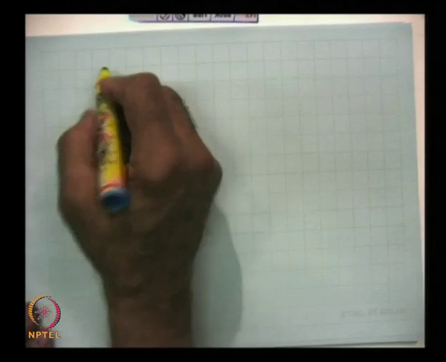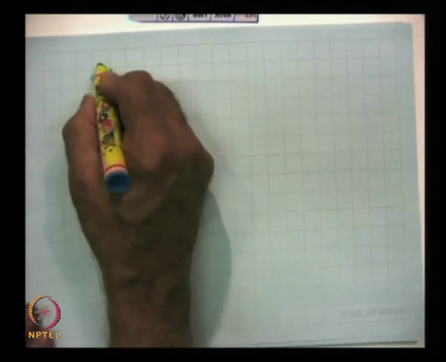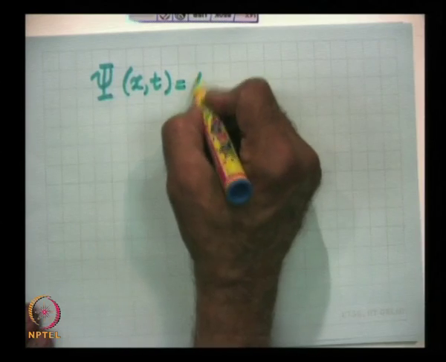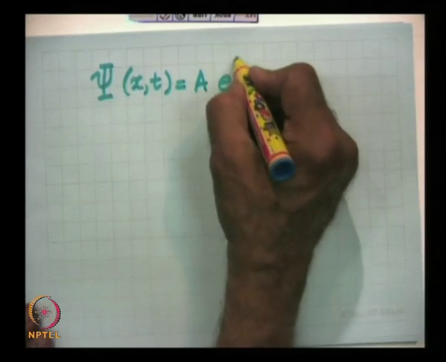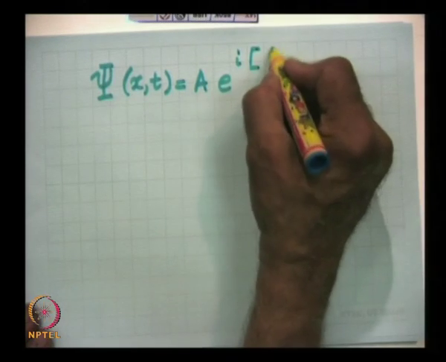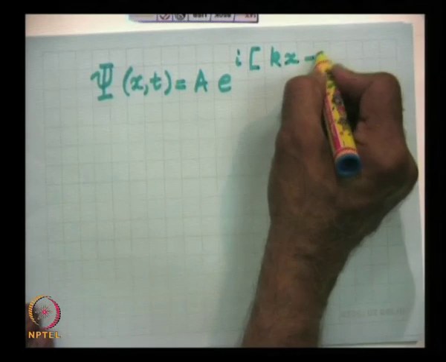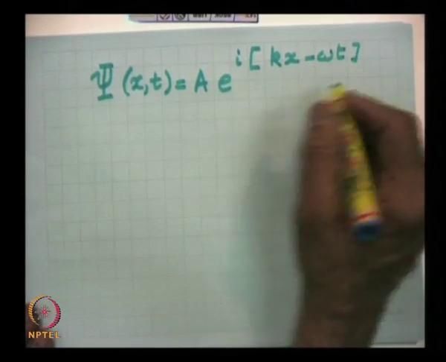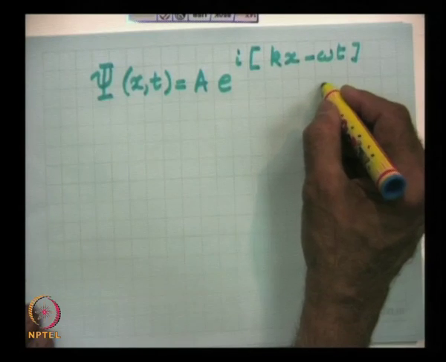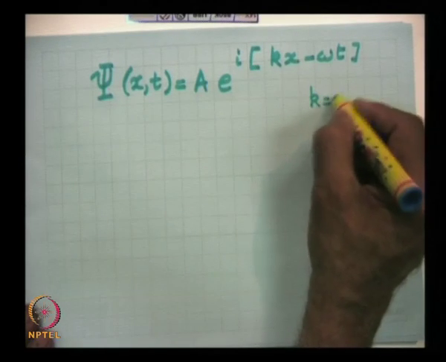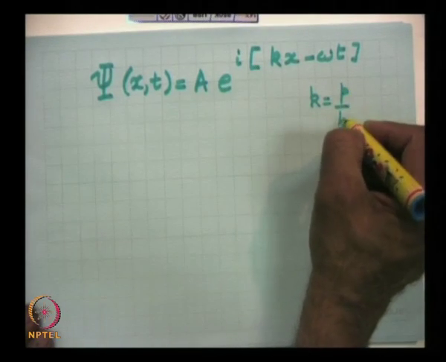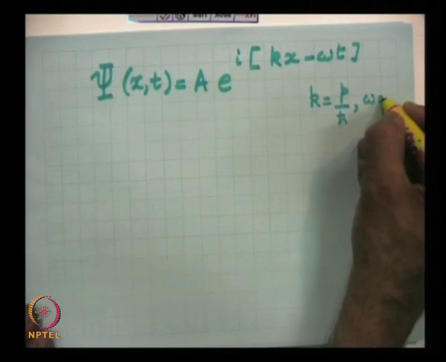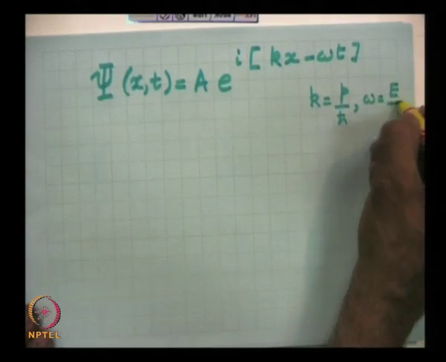We had just now said that psi of x, t, the one dimensional plane wave, is equal to A e to the power of i (k x minus omega t). So, then we showed that k is equal to p by h cross and omega is equal to E by h cross.